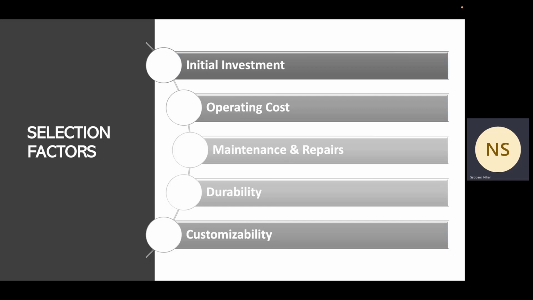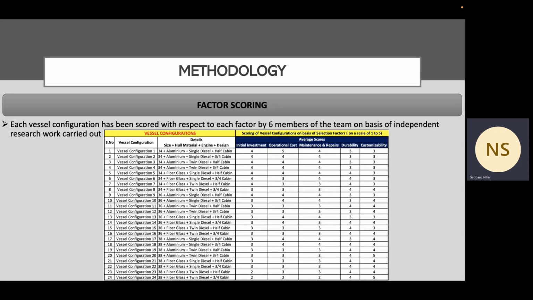Moving forward to the scoring methodology, the 6 members of the team did their own independent research and rated the 24 vessel configurations individually against each configuration for each factor. As you can see on the screen, these are the average scores for each configuration against each selection factor.